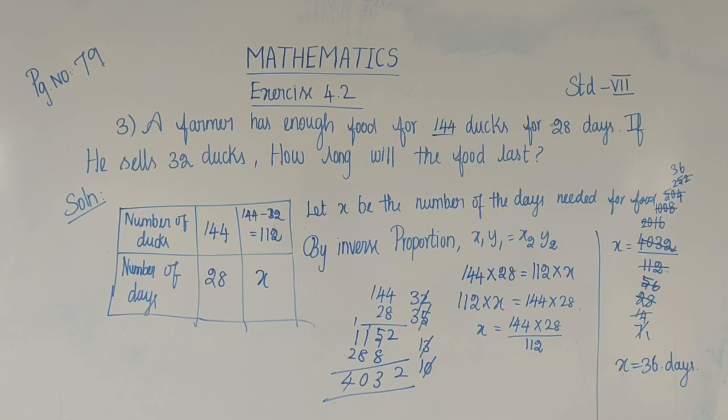So by the inverse proportion formula x1 y1 equal to x2 y2, solving, we get x equal to 36. So how long will the food last? So 36 days.